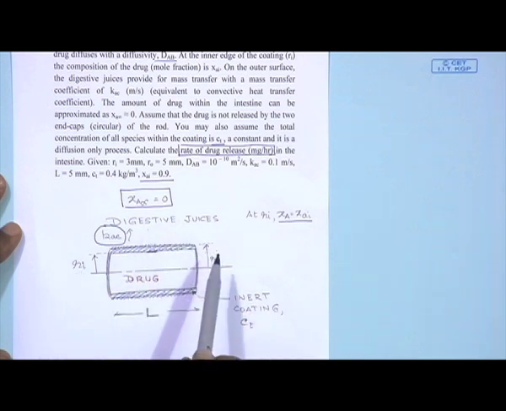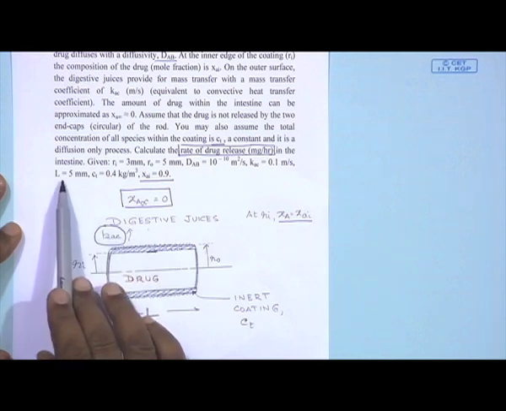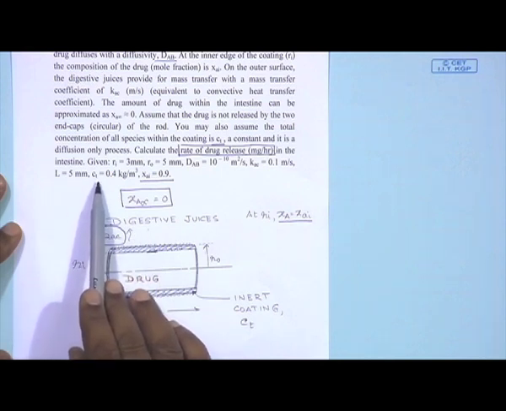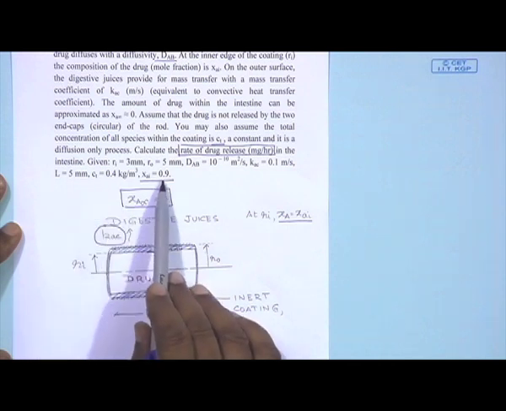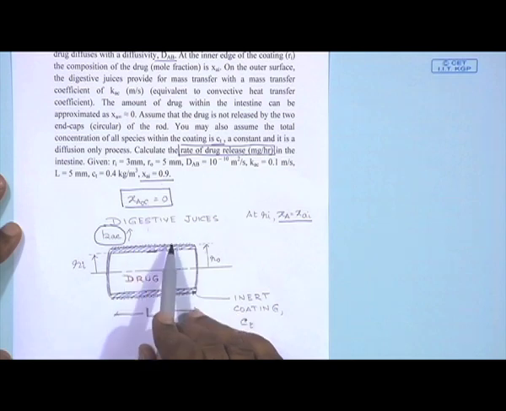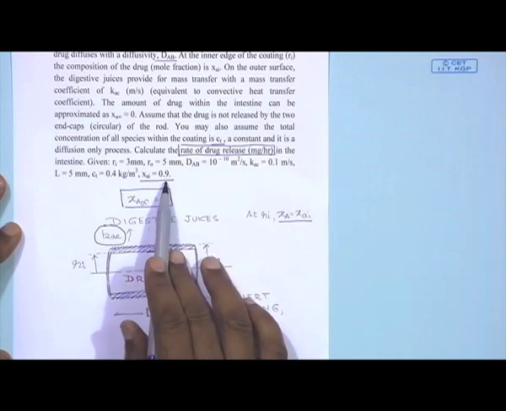R_i and R_0 values are provided, the length is provided, the total concentration of all the species present in the inert core is provided, and the mole fraction of the drug at the inner core is also given.